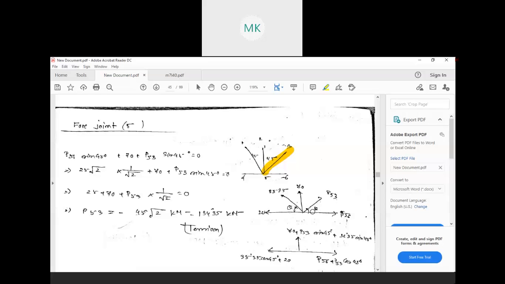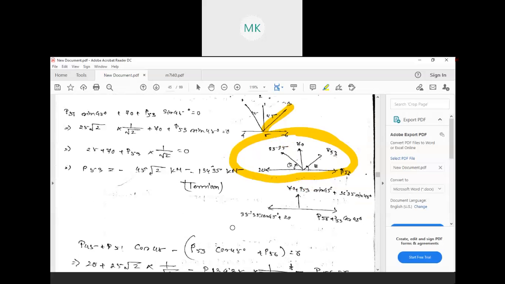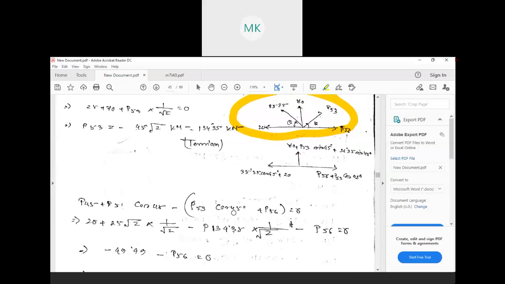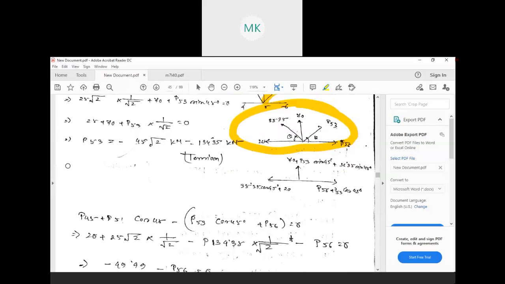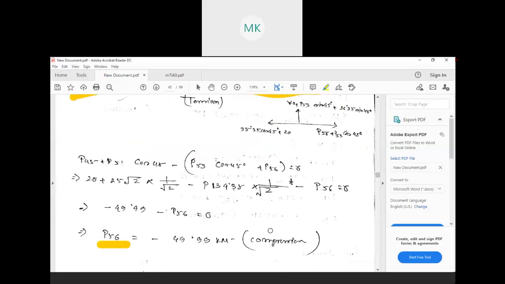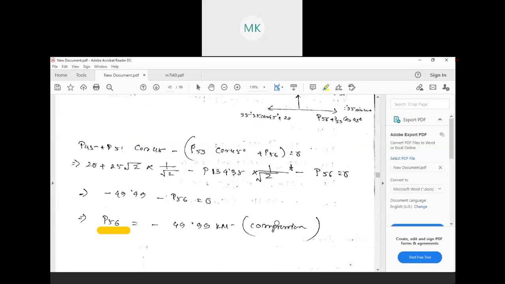As you can see here, we have drawn this, and by resolving the forces you can easily calculate all the members connected to a joint. All of you please go through this one joint at a time and try to solve. See here, you can find out P53 and P56. All the joints you can easily find out this way.